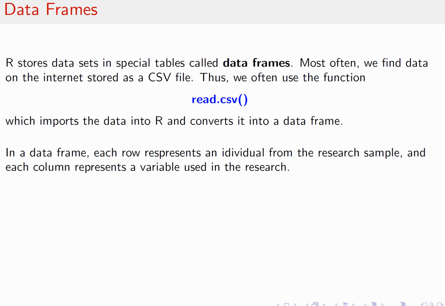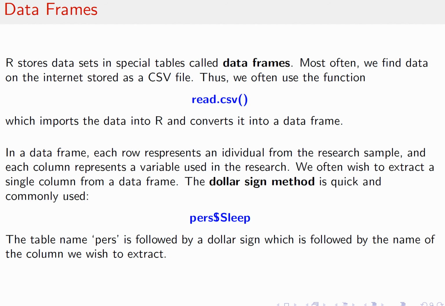And so this read.csv plans to take this comma delimited file and read it into R and then convert it to a table. So a special table called a data frame, so that it has all the properties and niceties and features that we like to use. Okay, and as I said, each row is going to represent an individual and each column represents a variable.